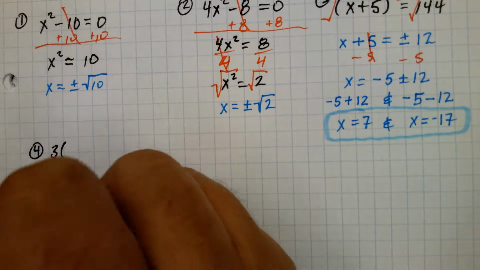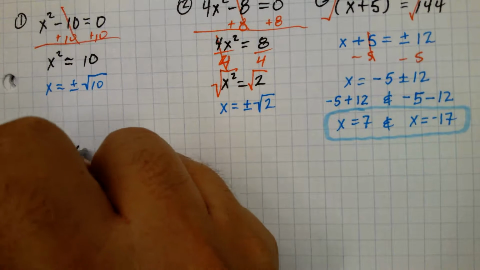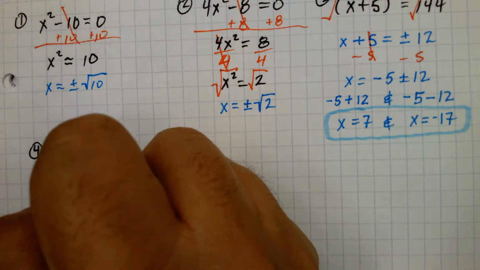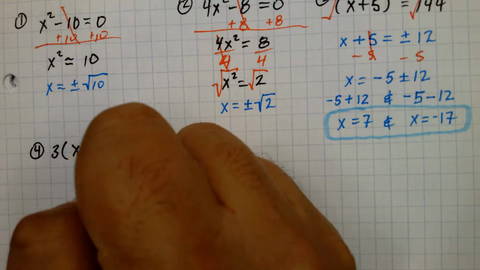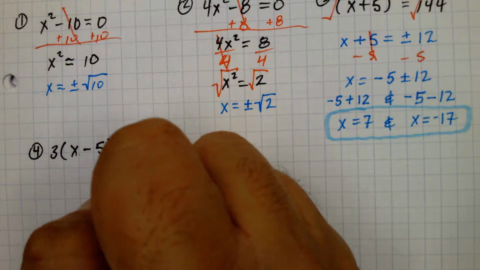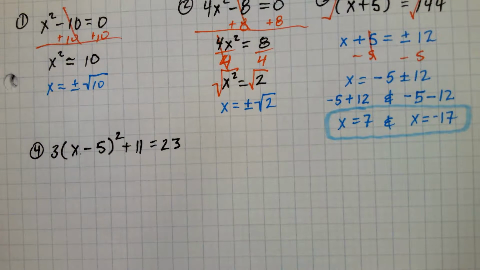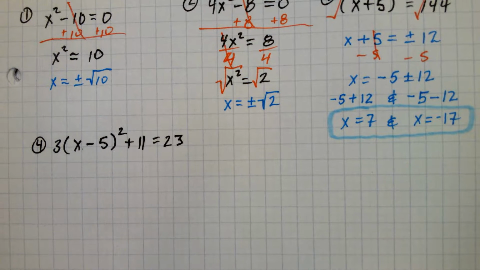3 parentheses x minus 5 squared plus 11 equals 23. Okay. So what can I do?